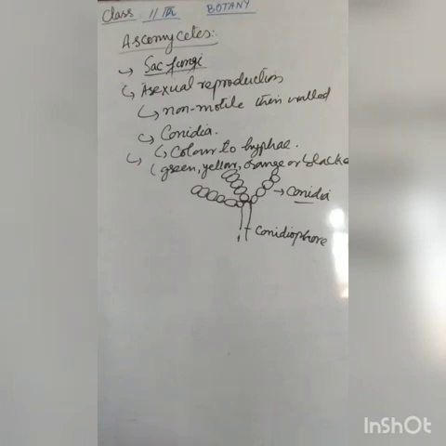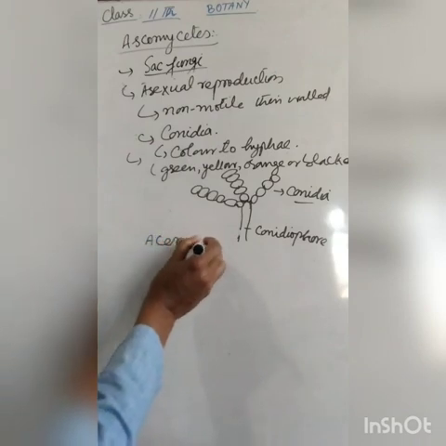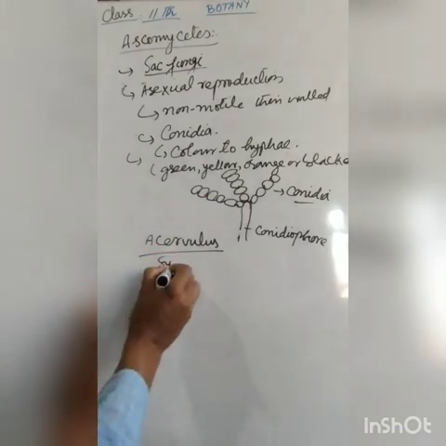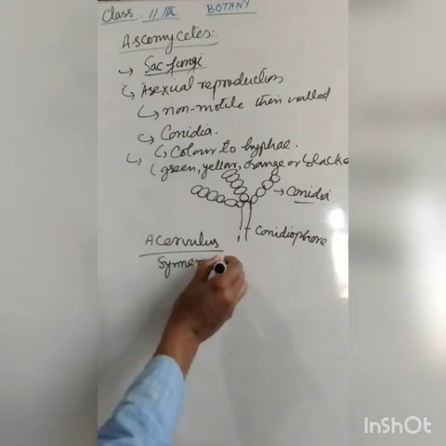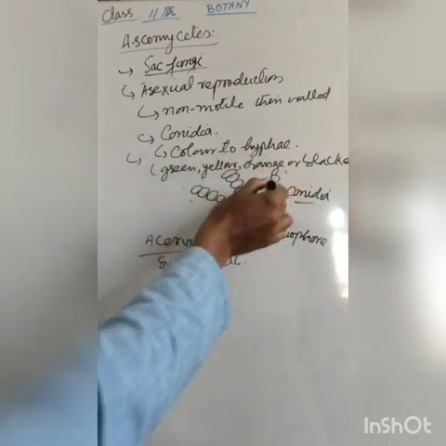Conidiophores may occur scattered or aggregated to form structures like acervulus, synnema, etc. These are the structures in which the conidia are formed.